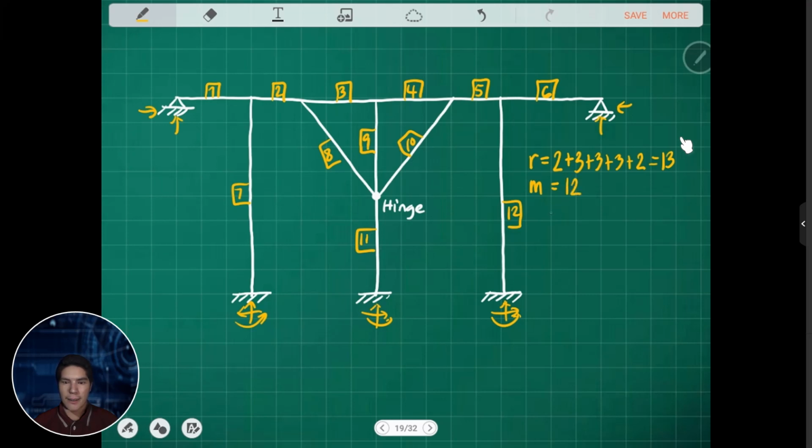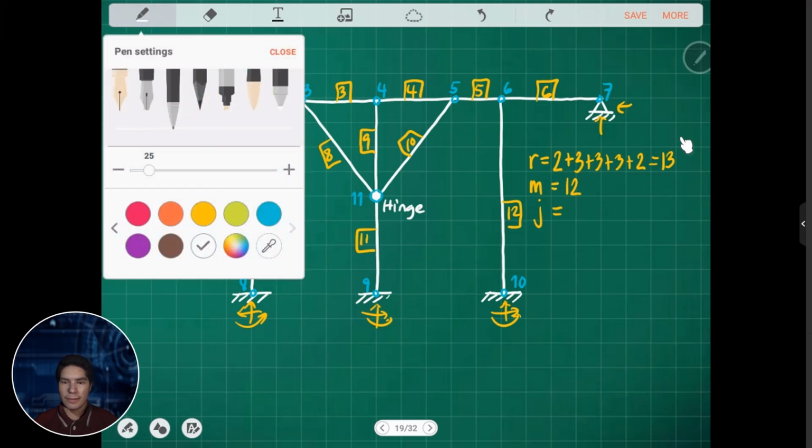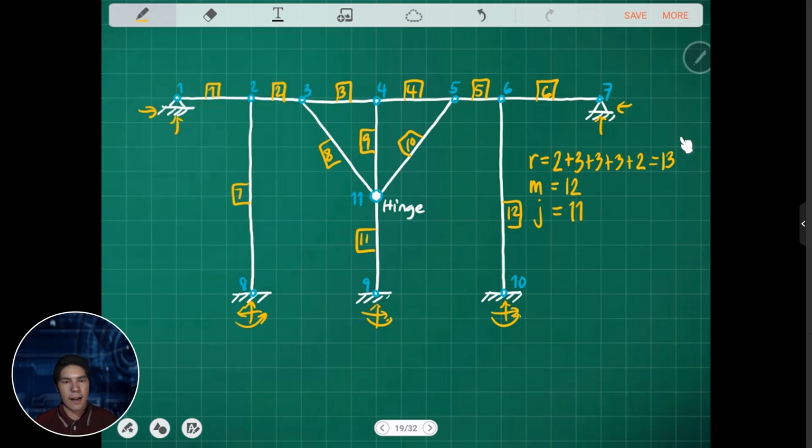So we have 12 members. The number of joints is 1, 2, 3, 4, 5, 6, 7, 8, 9, 10, and 11, at the internal hinge. So we have 11 joints.